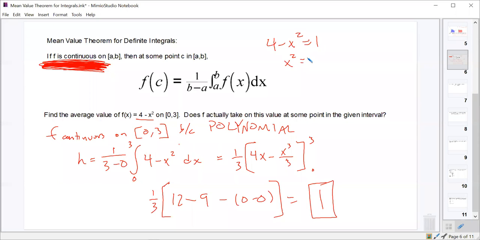No, sorry. Should be 3, which gives us x equals plus or minus root 3. And which one of those is on our interval between 0 and 3? Just positive root 3. Yep. So the average value is 1, and it occurs at the point square root of 3, comma 1.